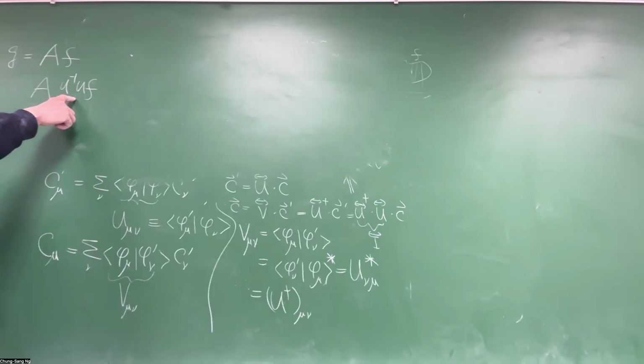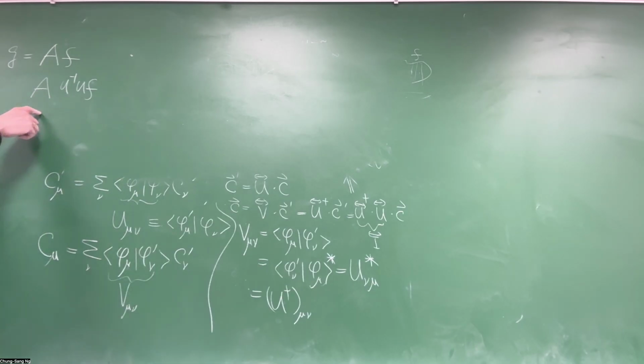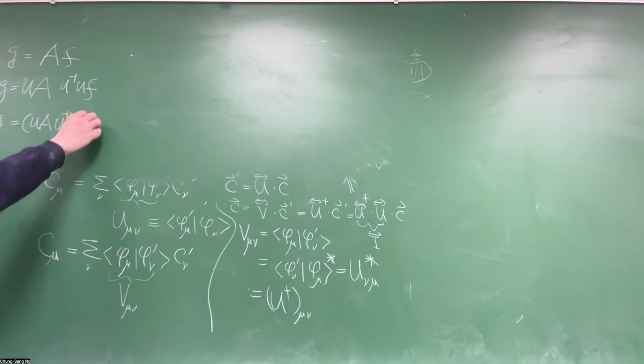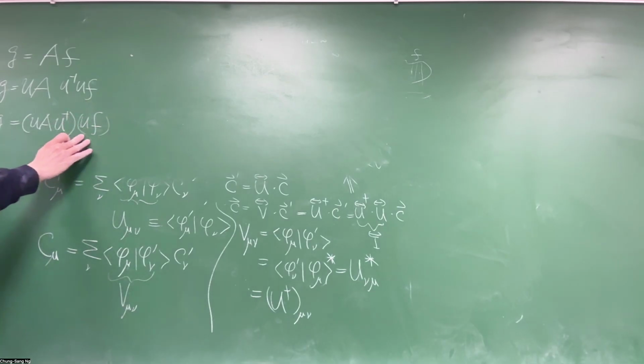So that's U inverse times this identity matrix. And then to get the left hand side in the new basis, you also multiply by U. In the right hand side, U times G will be given by this U A U inverse, which is just the U dagger, because U is unitary.